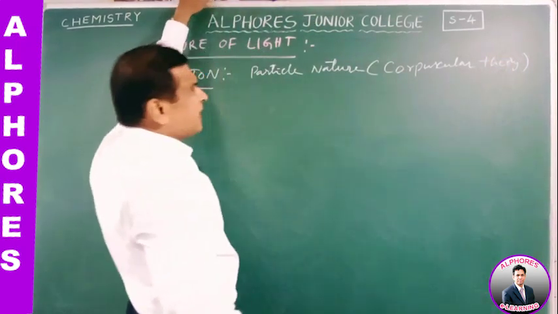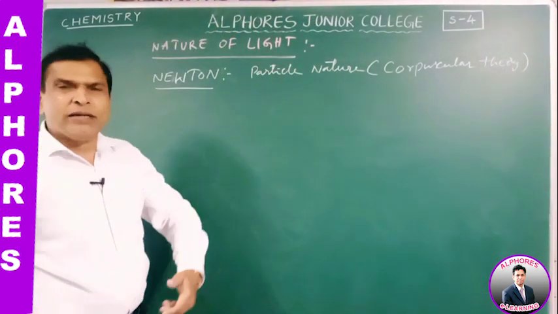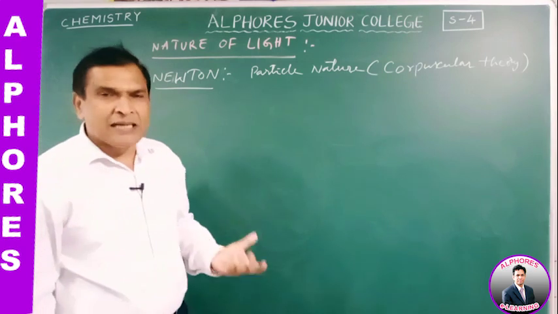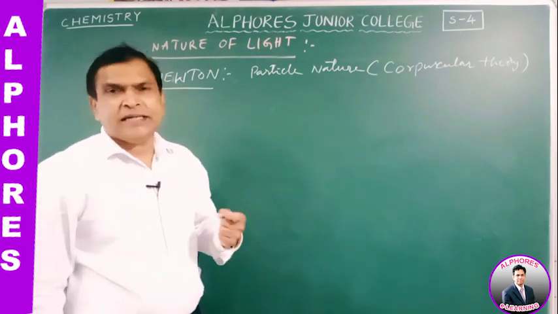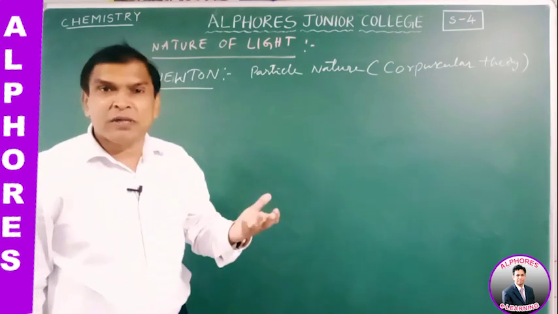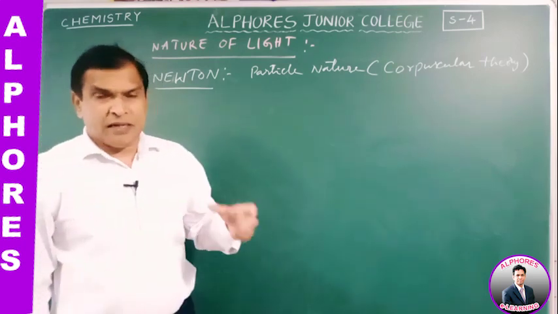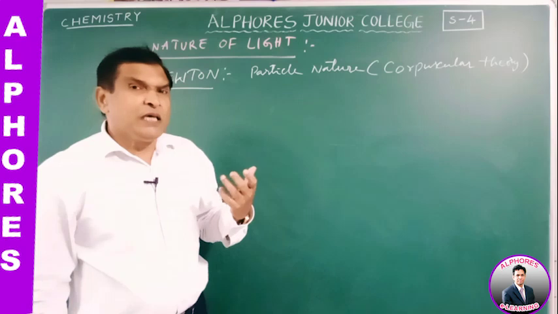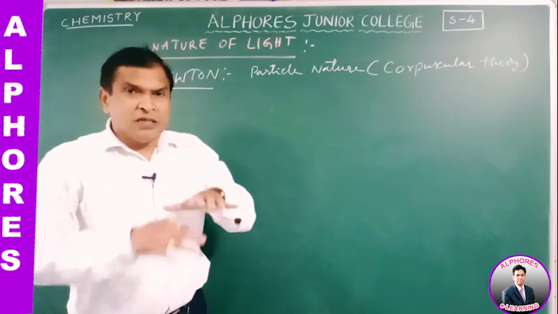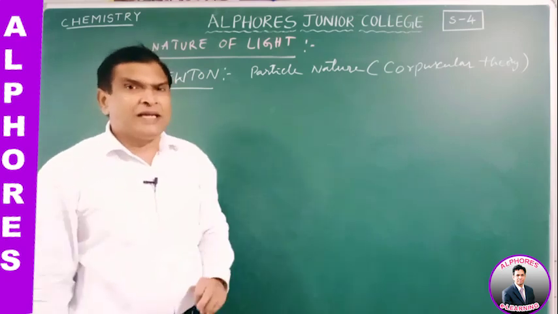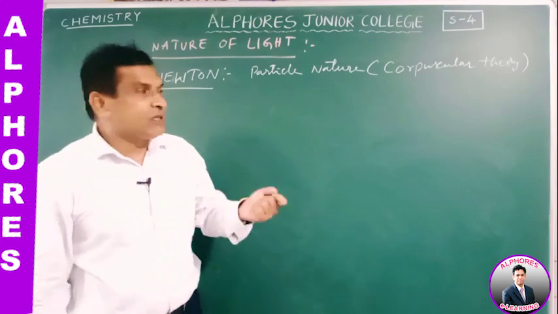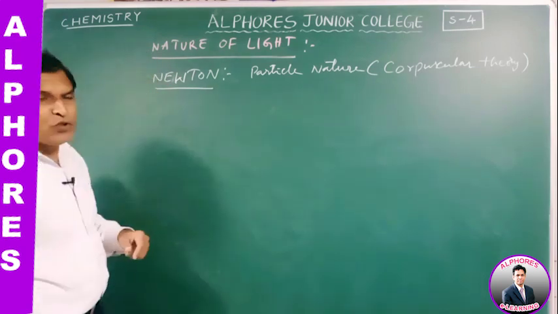According to Newton, light is made up of a large number of invisible streams of particles distributed uniformly in all directions in straight lines. That is the nature of light according to Newton.